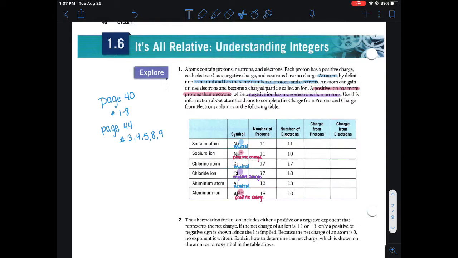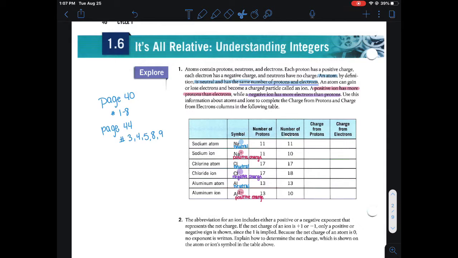no fractions. Okay, so for this first one, a little bit of science, chemistry. So if you liked chemistry, maybe you'll like this problem. Atoms contain protons, neutrons, and electrons. Each proton has a positive charge, each electron has a negative charge, and neutrons have no charge.